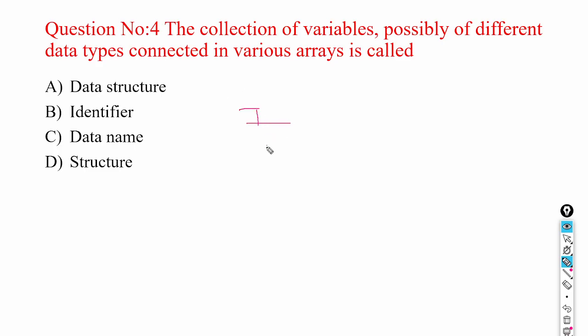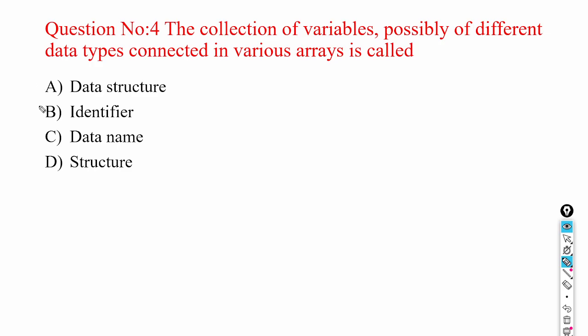Integers, characters, pointers, arrays, and different data types together. So, the collection of variables possibly of different data types connected in various arrays is called a data structure.